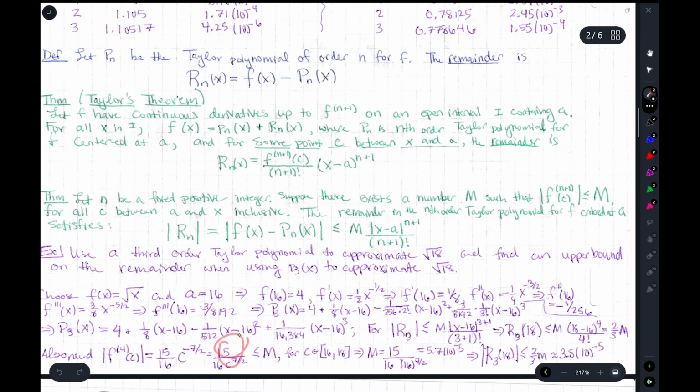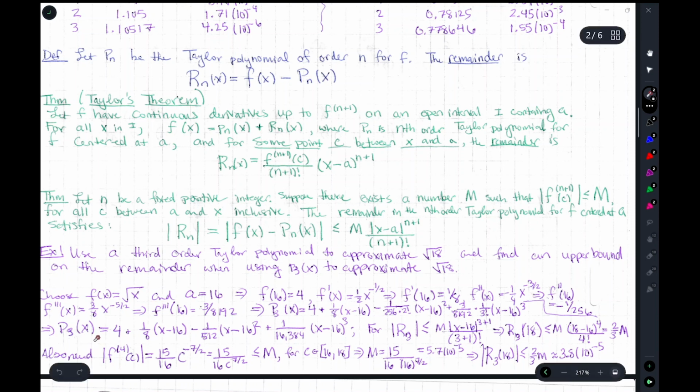And this term reaches its max in this interval at 16, so we plug in 16. That's as large as the fourth derivative can go in the interval from c equals 16 to x equals 18. And we end up with this bound over here. We will choose M equal to this, and we'll get that bound there.